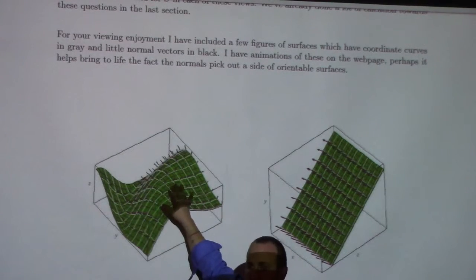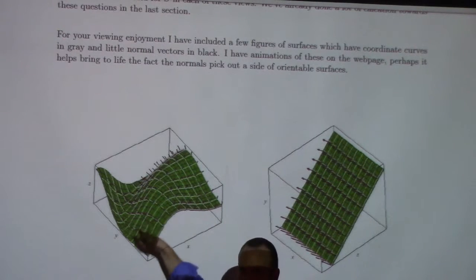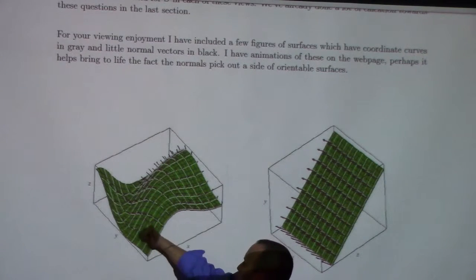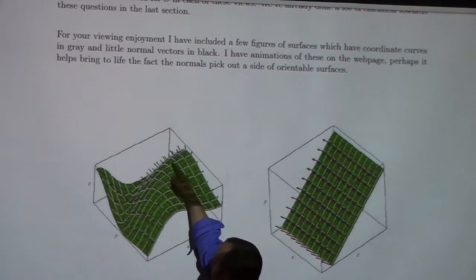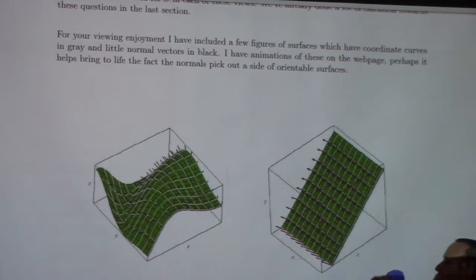With respect to those, you can find the u-coordinate velocities and the v-coordinate velocities. You take the cross product of those and you get the normal vector field. You see the hair? There's a picture of the normal vector field, always sticking perpendicular to the surface at each point.